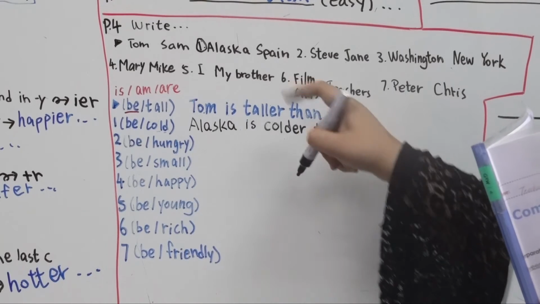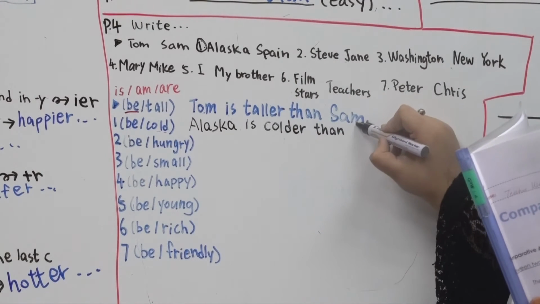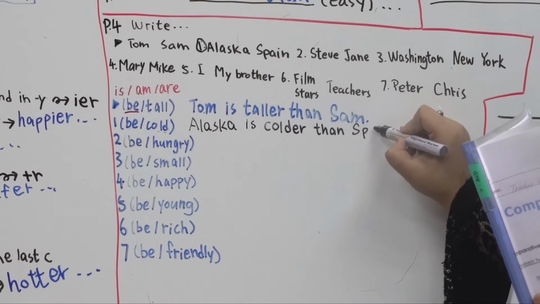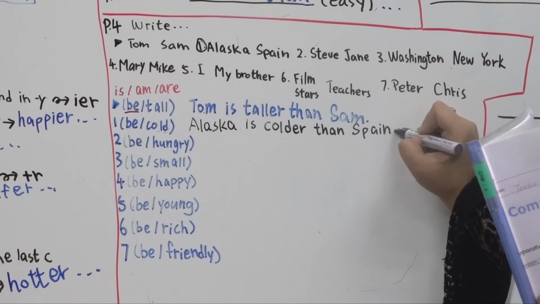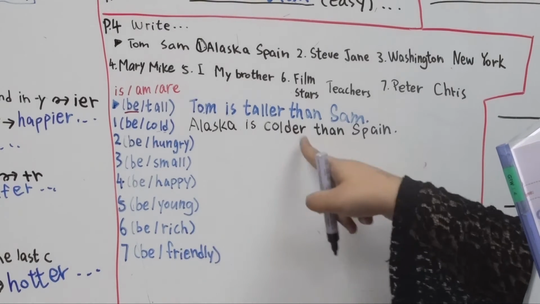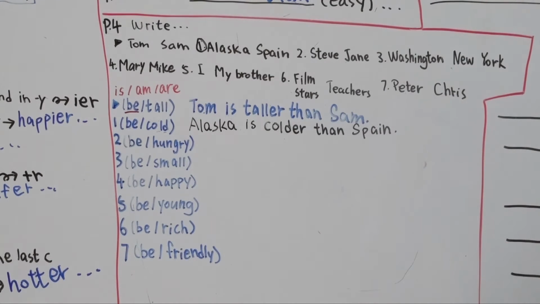And then the second one is Spain. Capital letter, because it is the name of a country, okay? Alaska is colder than Spain. Understand? Alright.